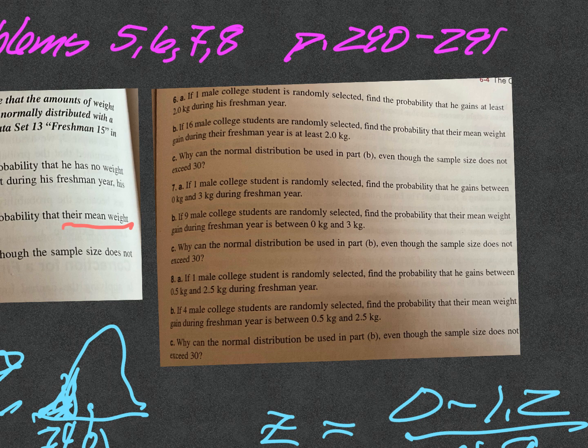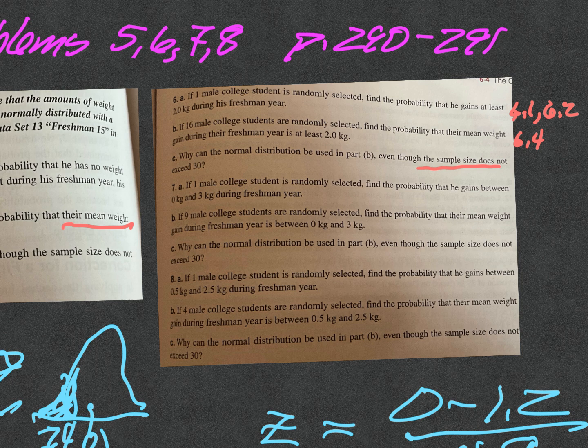So, as you can see, this is a 6.1, 6.2 problem, whereas B, this is our 6.4 sampling distribution problem. And then they ask kind of the same question here, and you can do it because the population is normal, you're good.